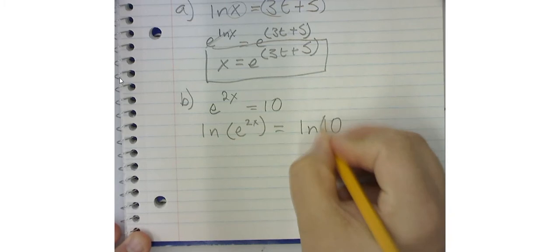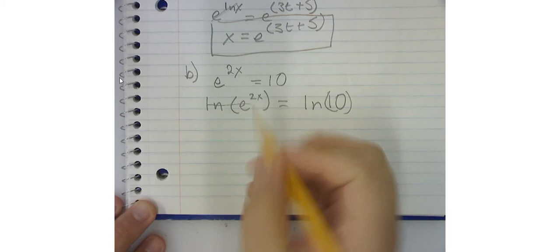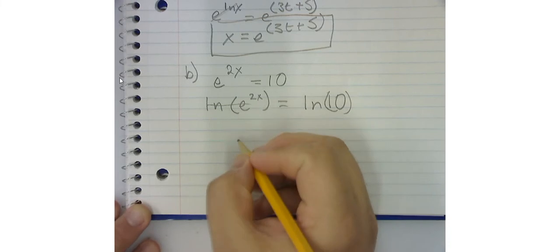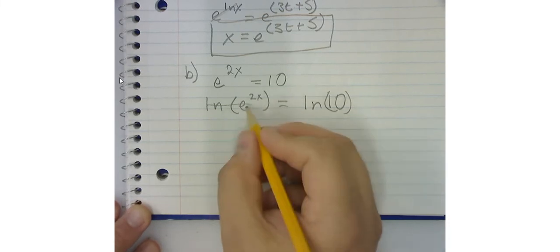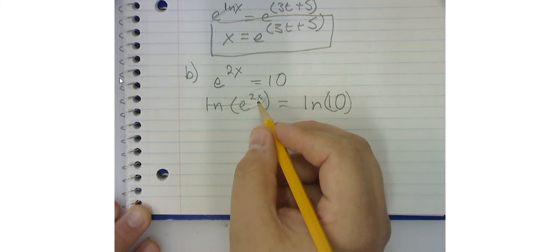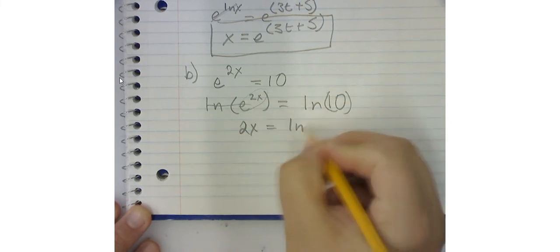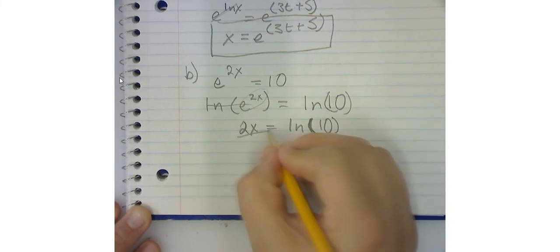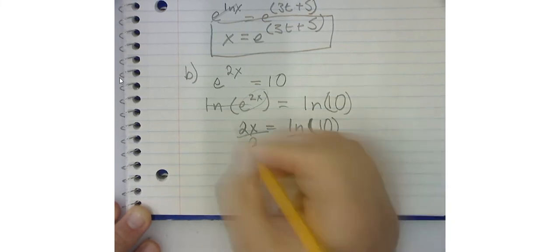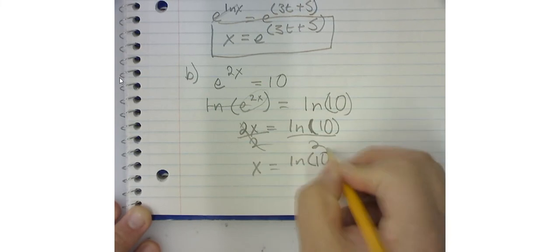The natural log and the exponential, or e, cancel each other out. So this is really just 2x is equal to the natural log of 10. And then if I divide both sides by 2, I get x is equal to the natural log of 10 over 2.